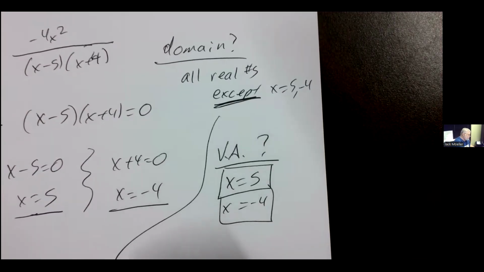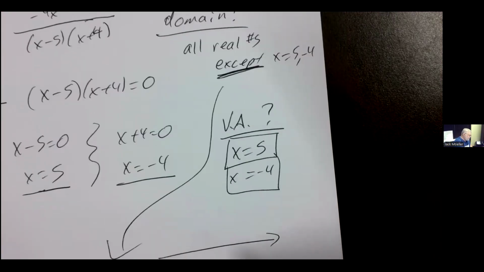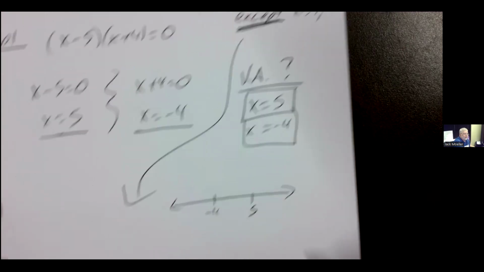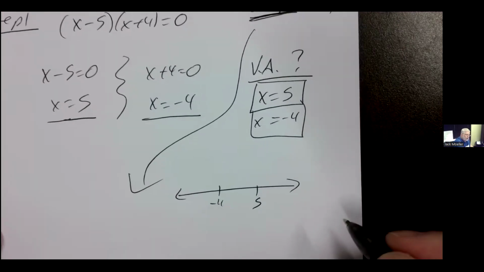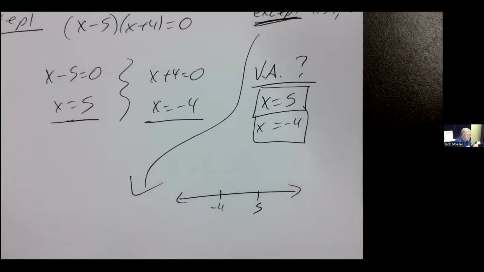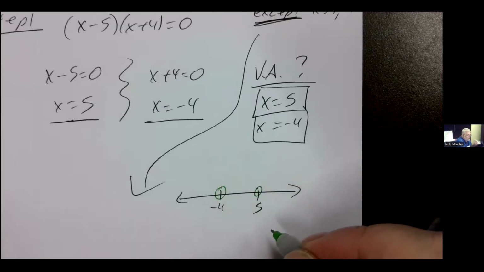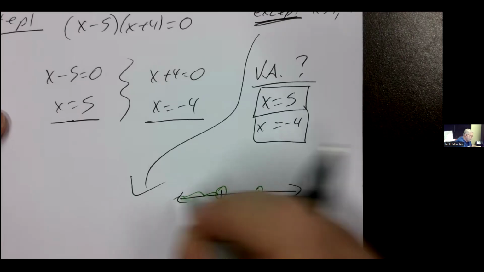And the way we answer that in interval notation, think about this on a number line. So we're looking at -4, we're looking at 5. We don't want -4 or 5. So basically there's an open circle on those two because we don't want those, but everything else works.